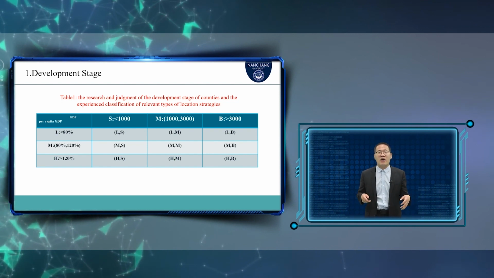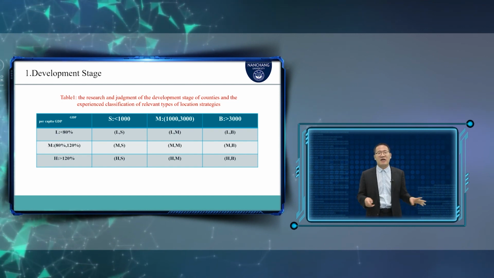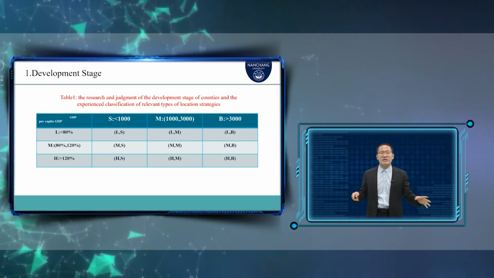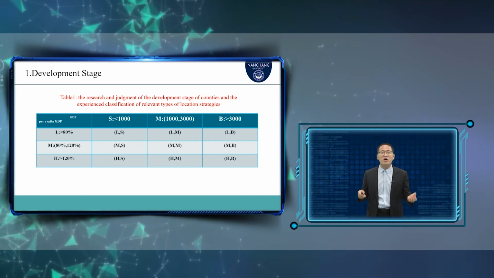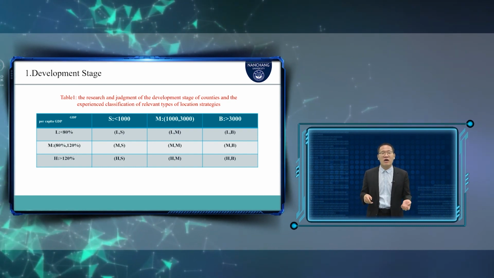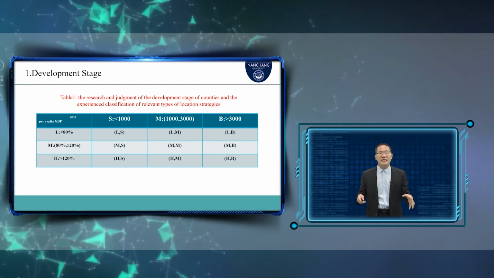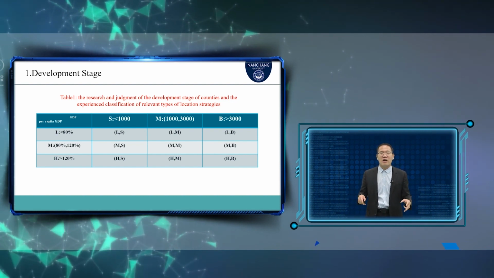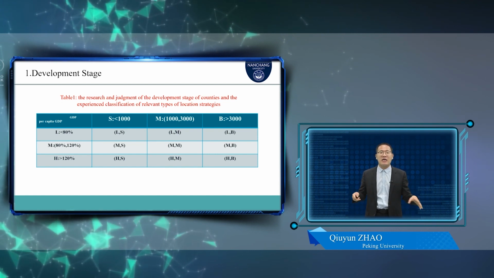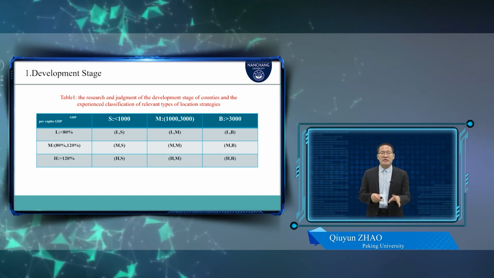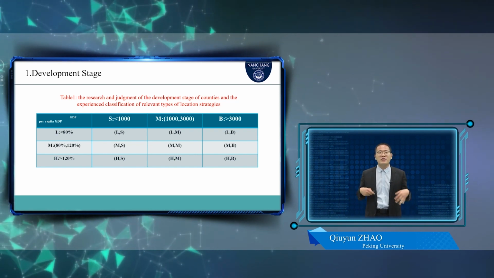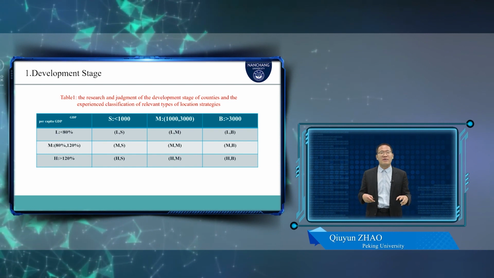Those with GDP of less than 100 billion yuan are small economies, denoted as S. Those with GDP between 100 billion yuan and 300 billion yuan are classified as medium-sized economies, denoted as M. Large economies are the ones with a total GDP of more than 300 billion yuan, denoted as B.